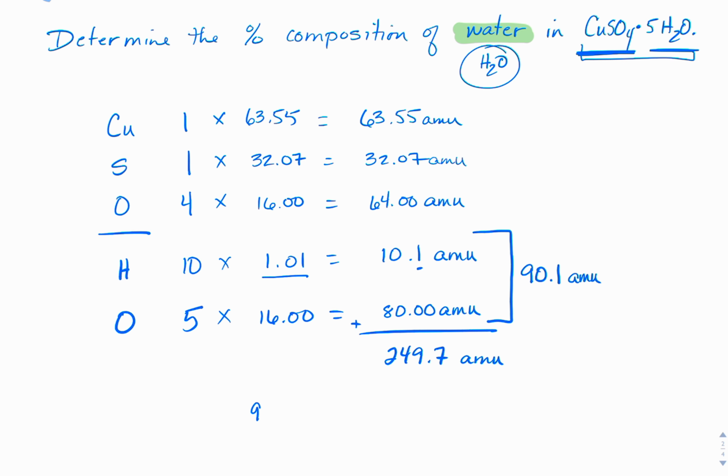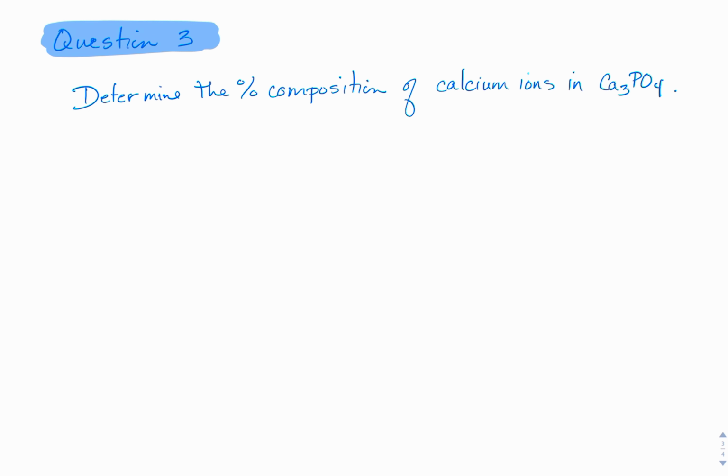So this is 90.1 AMUs divided by 249.7 AMUs times 100 gives you a value of 36.1%. So there you go. All of the water out of copper 2-sulfate pentahydrate is 36.1% composition. All right, let's try our last problem.